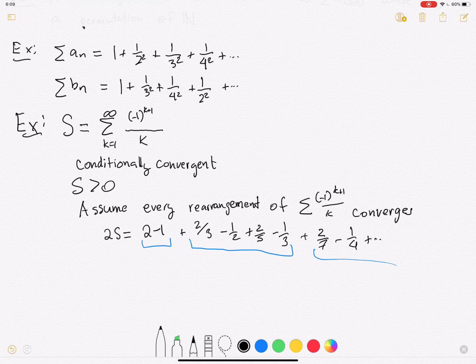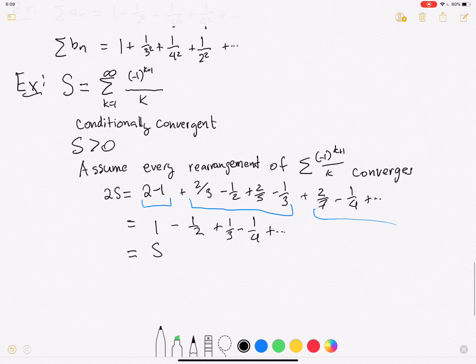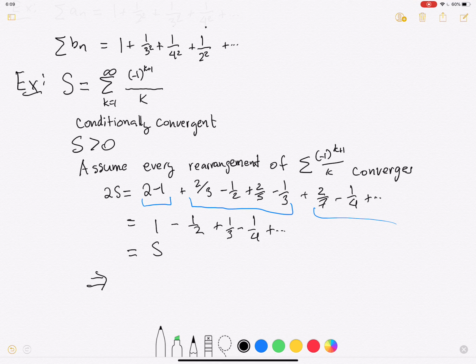I'm not sure where this 2 came from, but this is a rearrangement of this series. So if you take those sums, that's 1 minus a half plus a third minus a fourth, which does go down to 0. So it converges. But that is a contradiction. I guess we just wanted a contradiction.